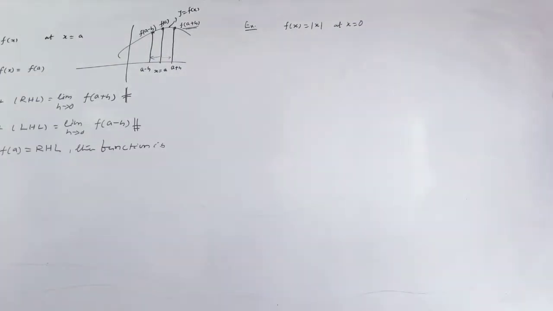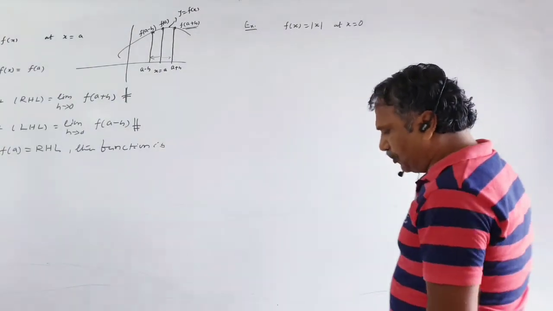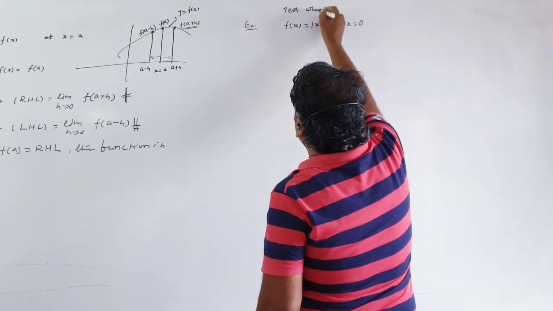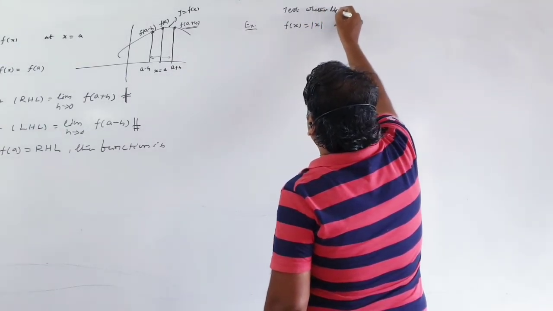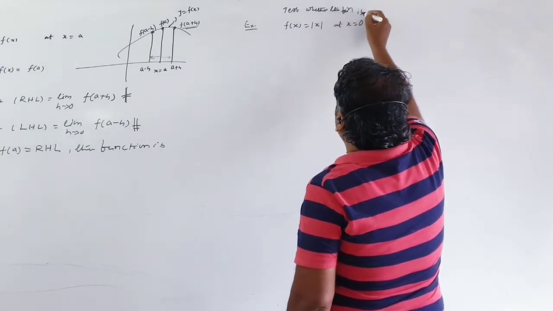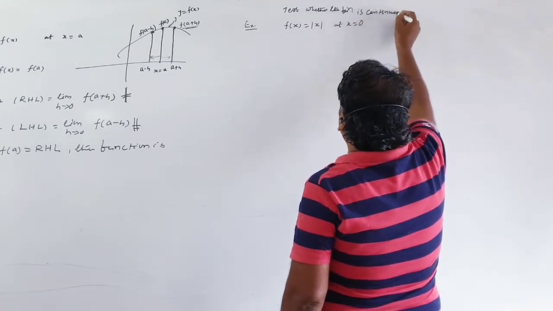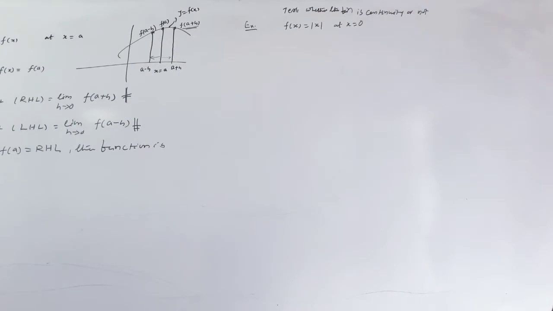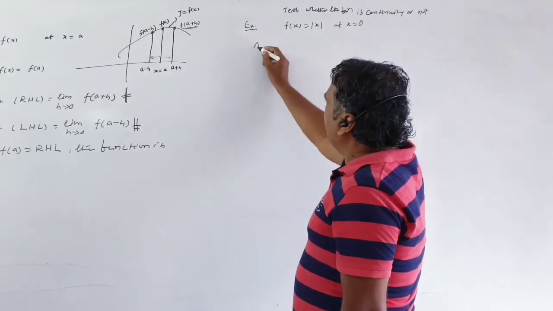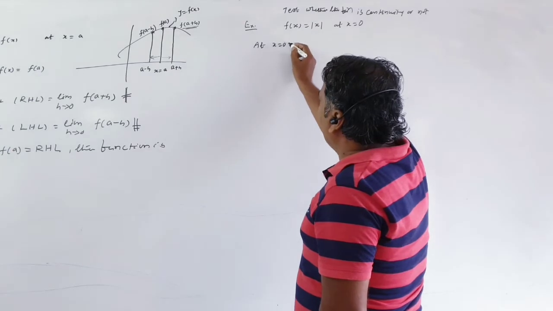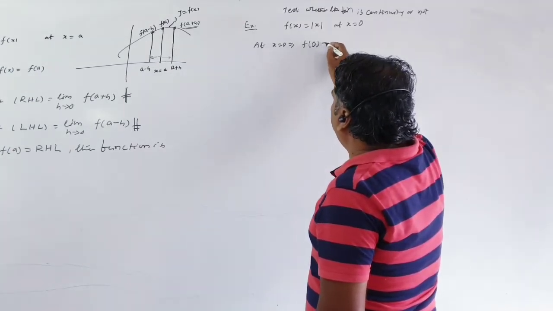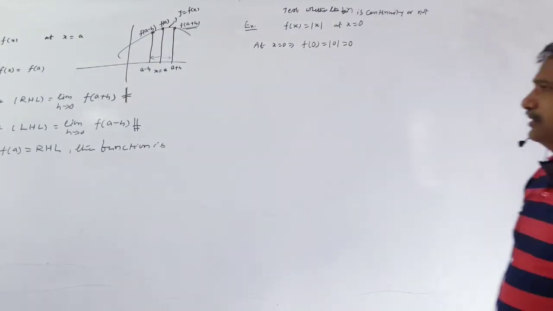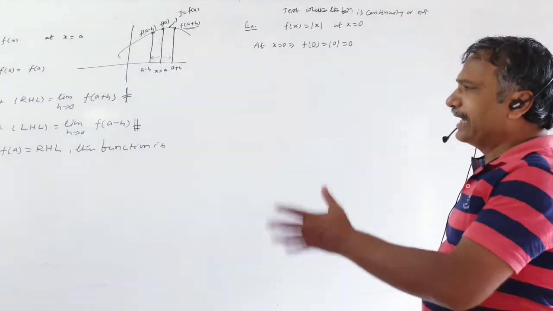Test whether the function is continuous or not. Here at x equal to 0, f of 0 is mod 0 equal to 0. Now find out the left hand limit and right hand limit.